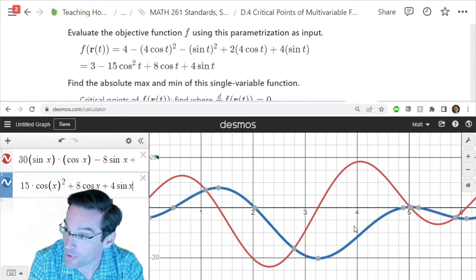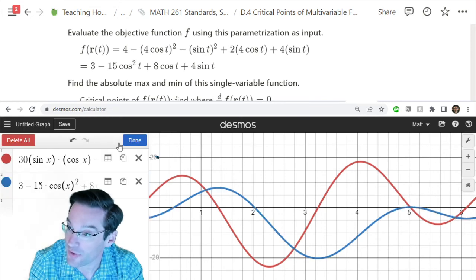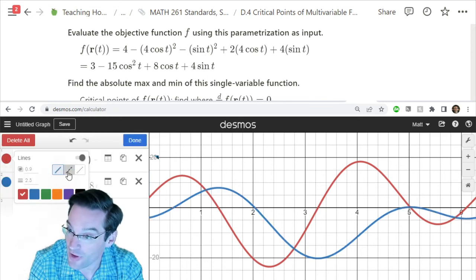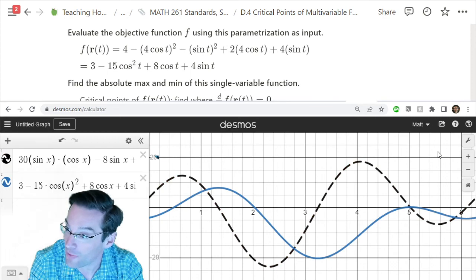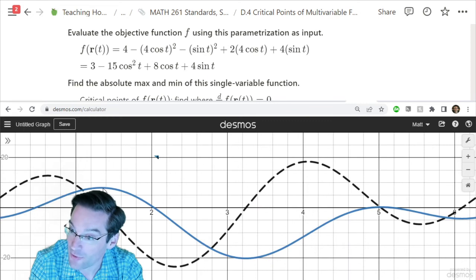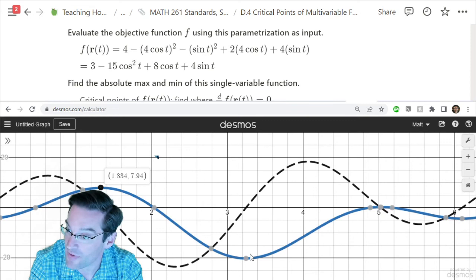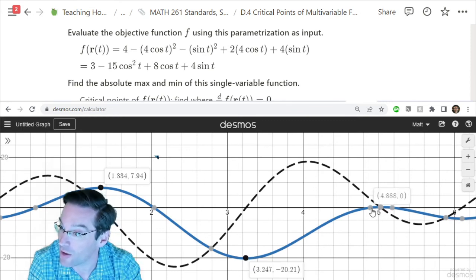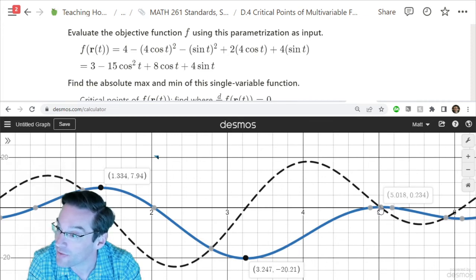And so in the blue here is the graph of the z-values themselves, and in the black, those are the derivatives. So those are the ones that I'm using to try to find my maximum and minimum values. And so here are my largest z-value and smallest z-value from among all of the points that we would be interested in here. Looks like there's one right here also, and one right there.